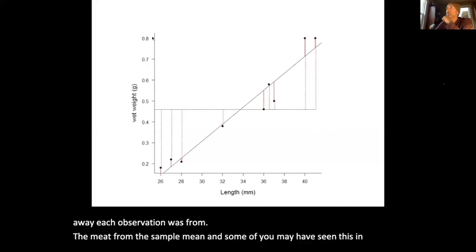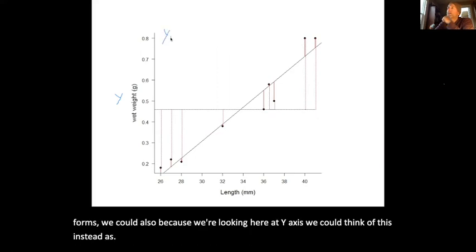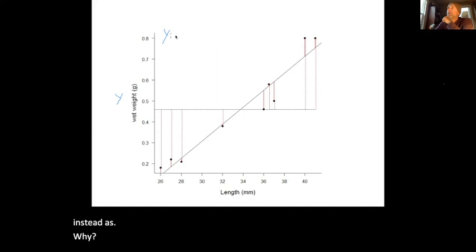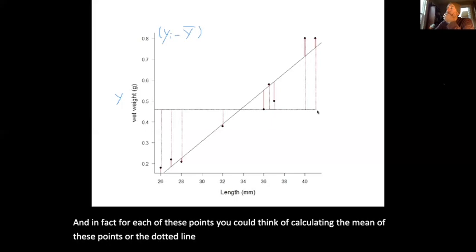And some of you may have seen this in other forms. Because we're looking here at the y-axis, we could think of this instead as y sub i minus y bar. And in fact, for each of these points, you could think of calculating the mean of these points, or the dotted line that we have here, as a y bar.